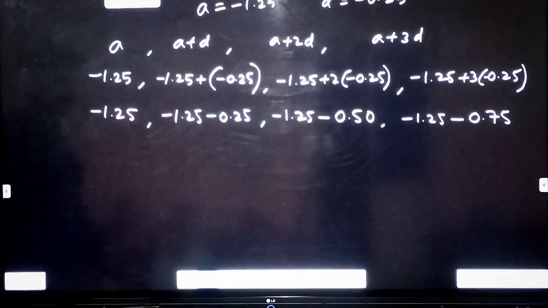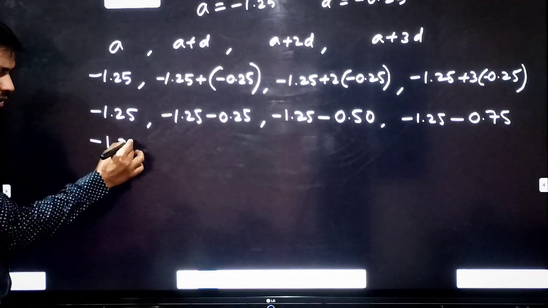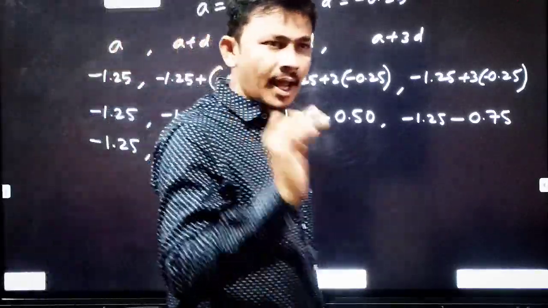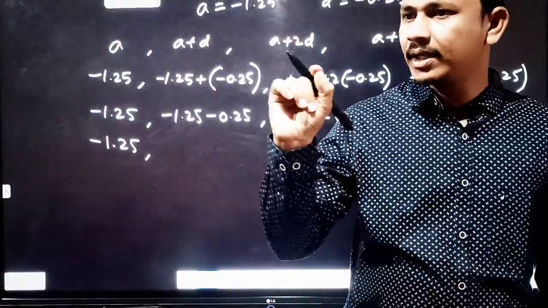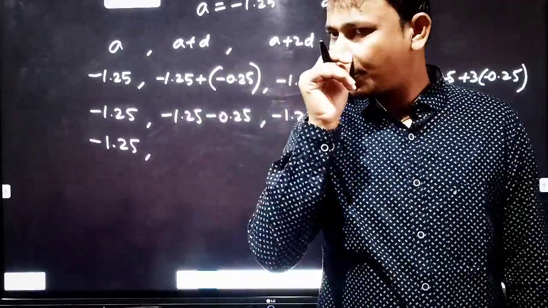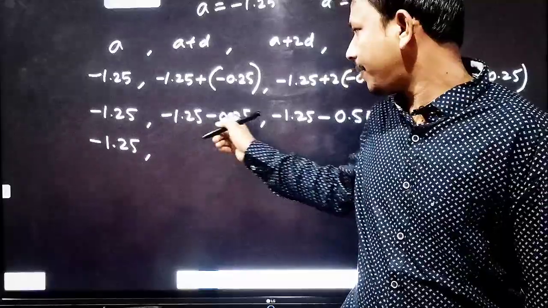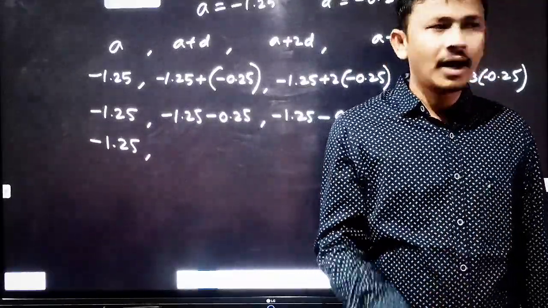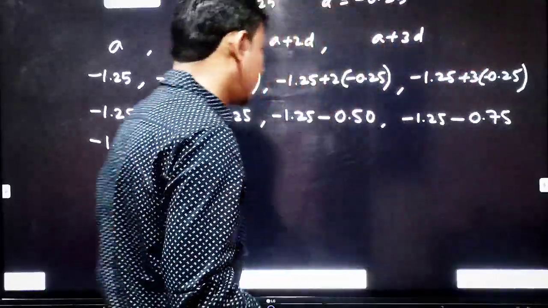Correct? Okay. -1.25, comma, both are minus, so you need to add. Correct? Then big number symbol. -1.25 minus 0.25, that means 125 plus 25. 125 plus 25? 150. Correct? 1.50.